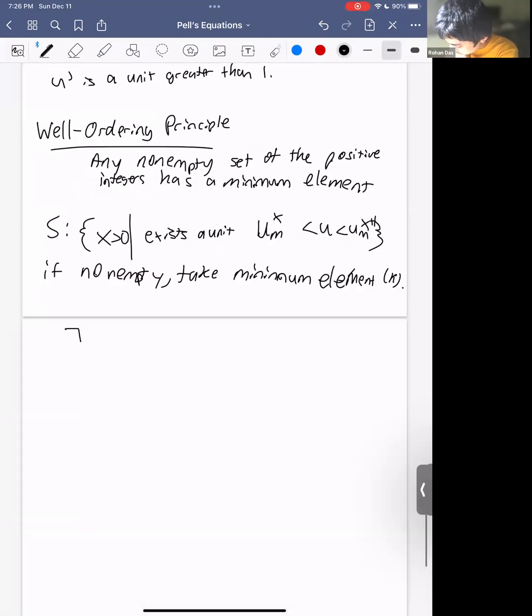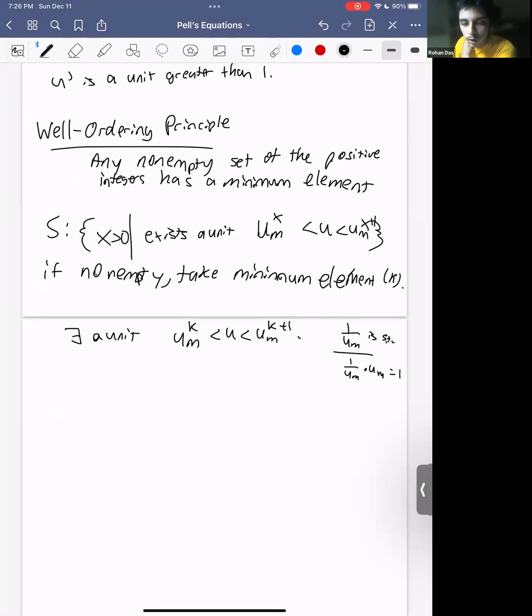Then there exists a unit between u_m to the k and u_m to the k plus 1. Because u is a unit, we can say 1 over u is such that 1 over u times u equals 1. And this is a perfectly valid number of the form a plus b root d because of the definition of unit.